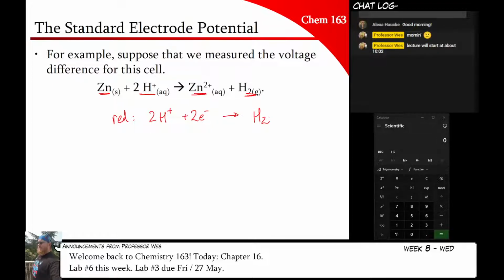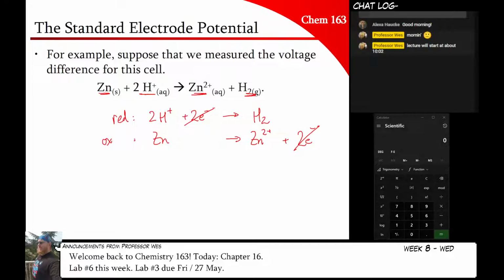We've got that for my reduction. It's already balanced, so everything is good there. My oxidation would be zinc becomes zinc 2 plus and 2 electrons. And then those would cancel, and that's the overall reaction.